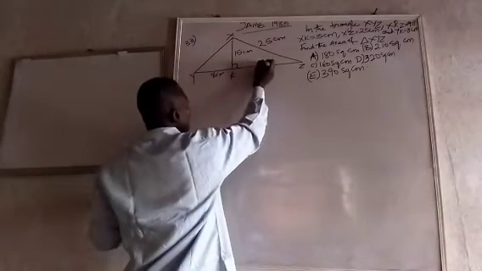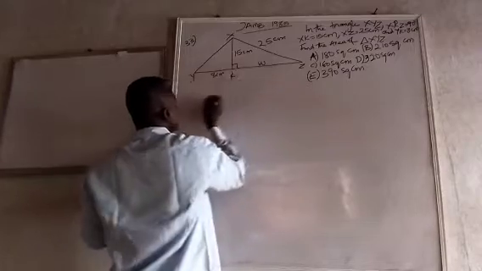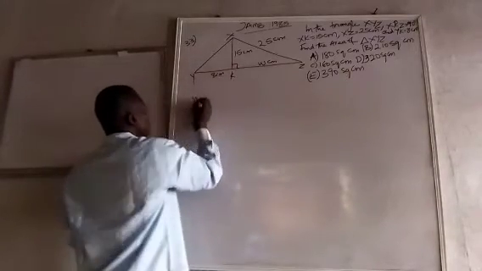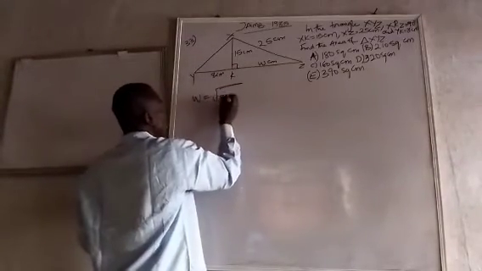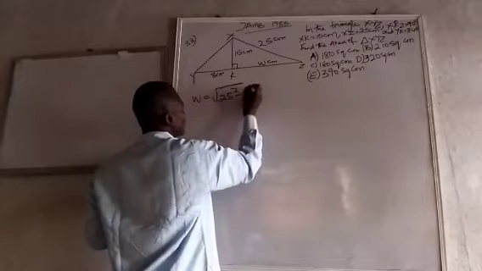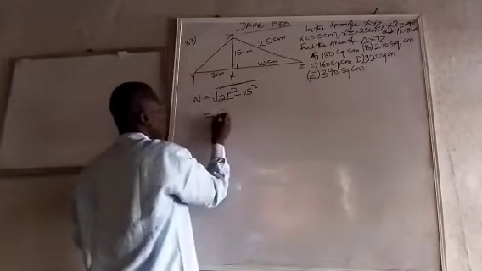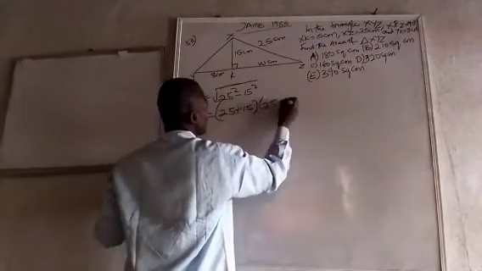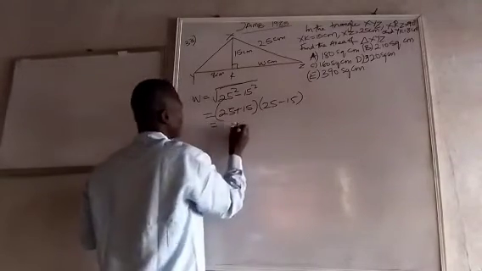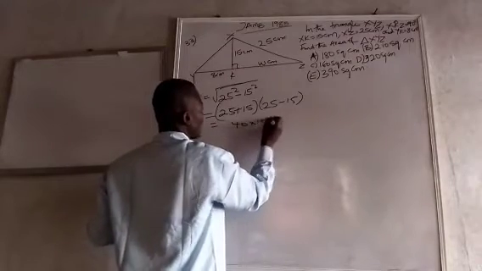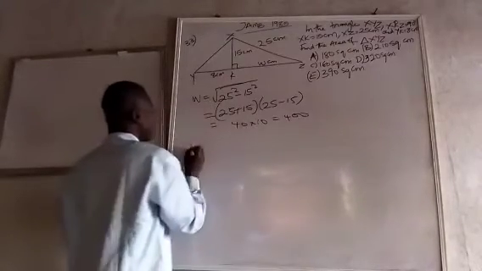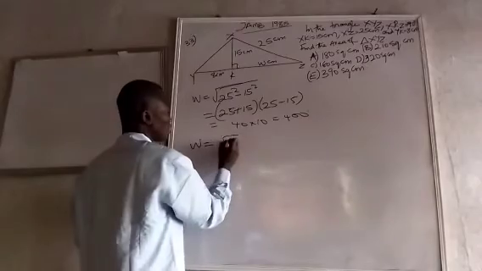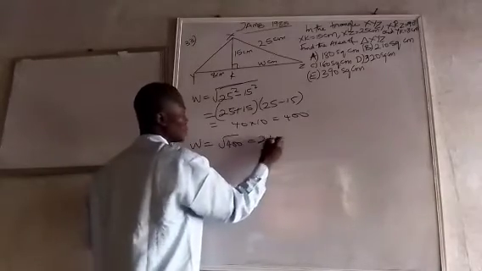Let's call this side W. So W is equal to square root of 25 squared minus 15 squared. And that is 25 plus 15 into 25 minus 15. So that is 40 times 10, which is 400. So we know our W to be equal to square root of 400, which is 20 cm.